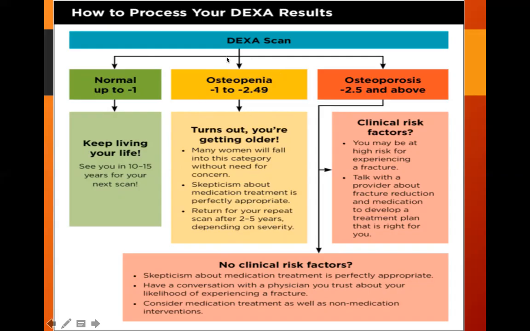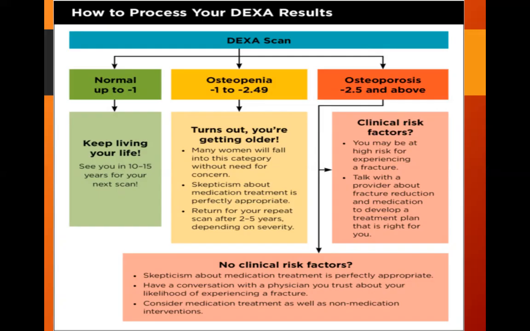Meaning, if you're osteopenic and you have symptoms, you may go to your family doctor or medical practitioner or orthopedics or rehab doctor for a consultation. But if you happen to be osteoporotic, your DEXA scan falls at -2.5 and below, you may be at risk for experiencing a fracture.